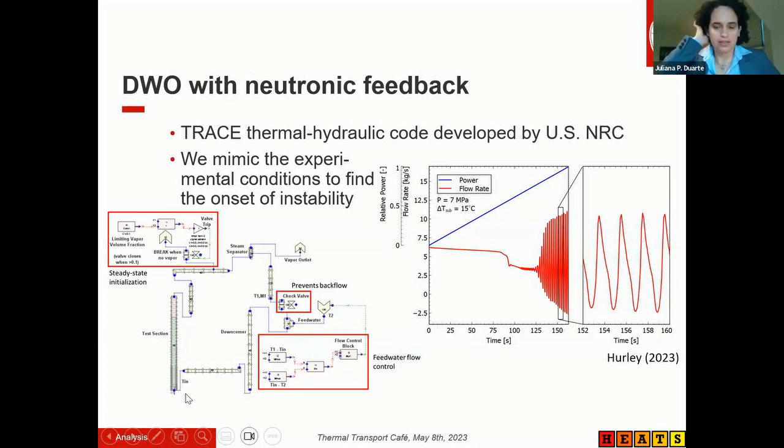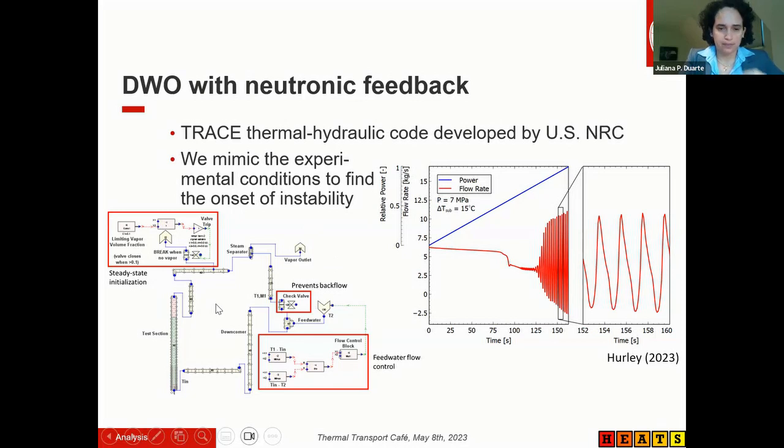So this is exactly as was done in the facility in terms of the definition of how these things work. The inlet temperature was kept constant, and they do have a steam separator, as shown in the public figures, and they have a feed water inlet that adds liquid water to the downcomer back to the system.